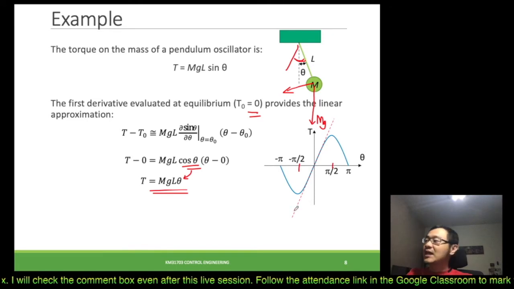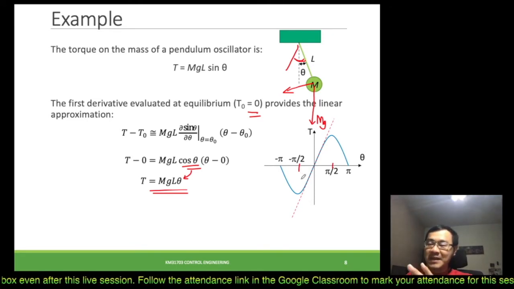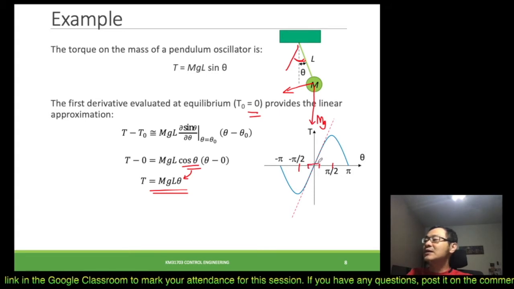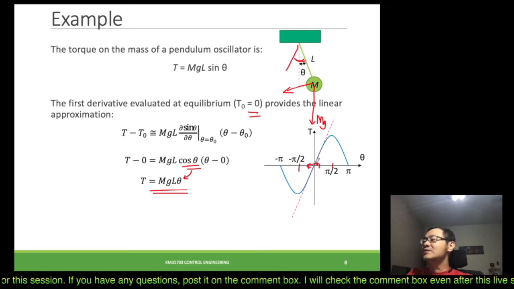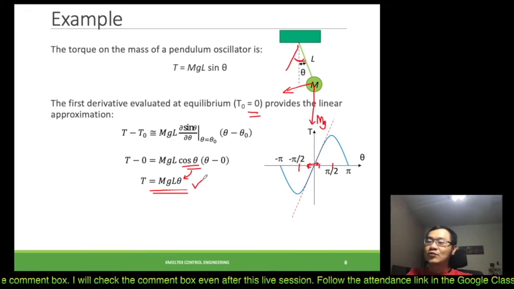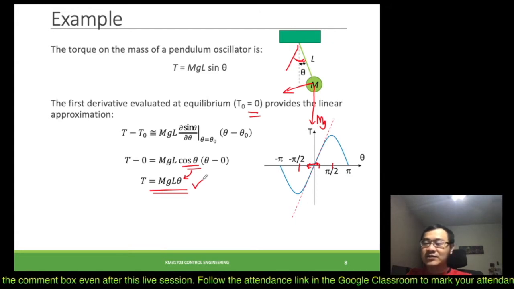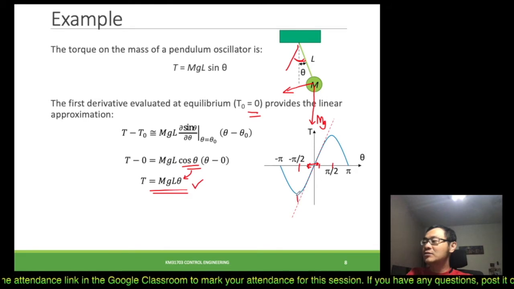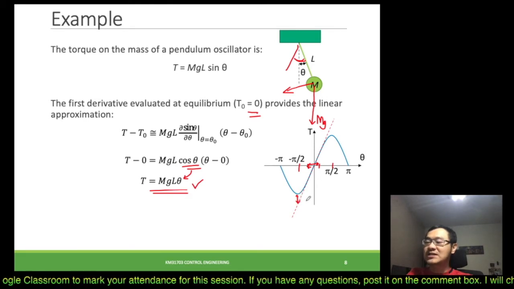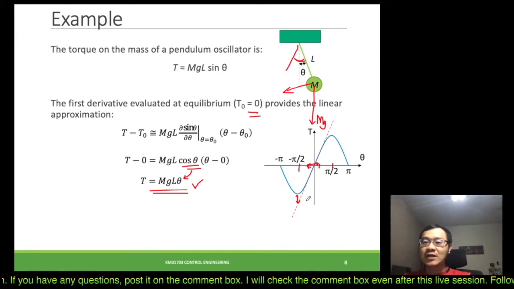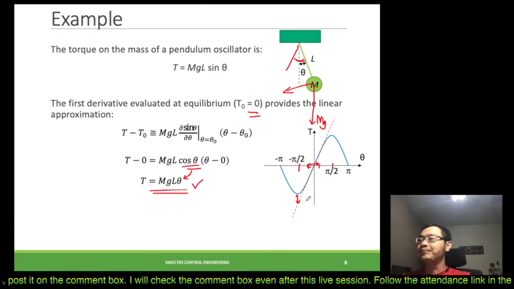Therefore, this straight line approximates best when the angle is narrower, right? So if our operating range is only at this angle, then this linear equation would approximate at higher accuracy. But the further it goes away, the error of approximation gets higher. So that is the trade-off that you have to understand when we try to linearize our system or our model.